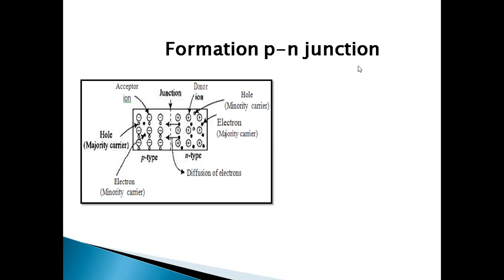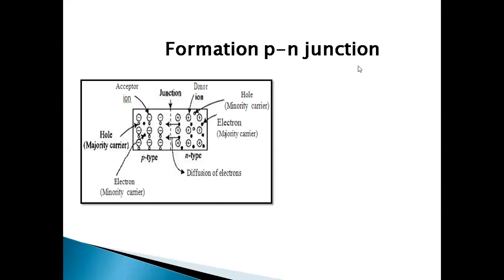In so many areas, we are using advanced sensor-based semiconductor devices. For all these, the basic required material is the PN junction diode. There is an importance of a PN junction diode.